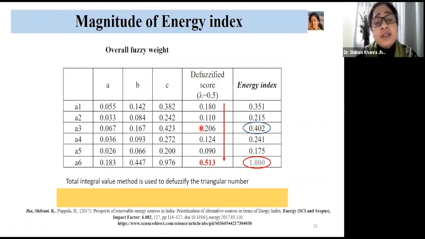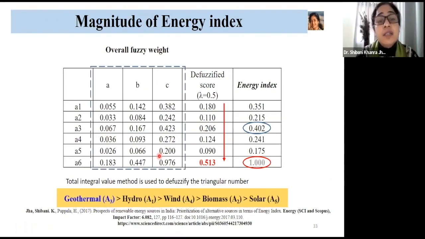So with all those analyses, which are the underlying steps of finally reaching this energy index value, as you can see here in this particular table, it has been shown how all the alternatives A1, A2, A3, and so on depend on the defuzzy by these triangular membership values, and then finally we arrive at the defuzzified score, which is for lambda 0.5.